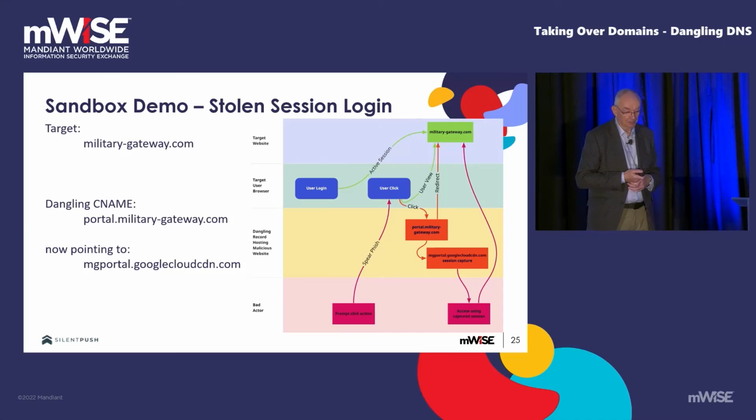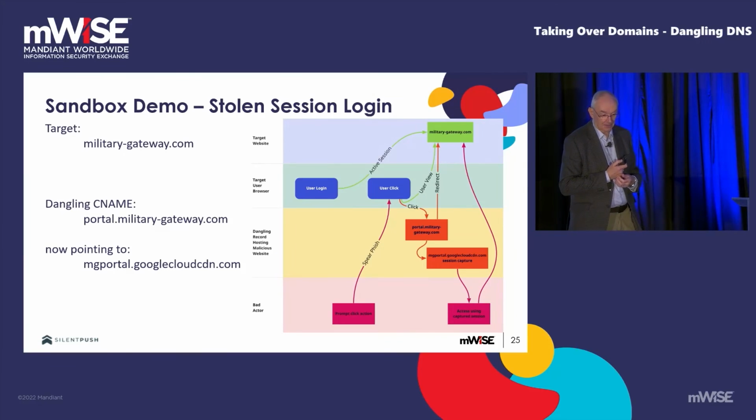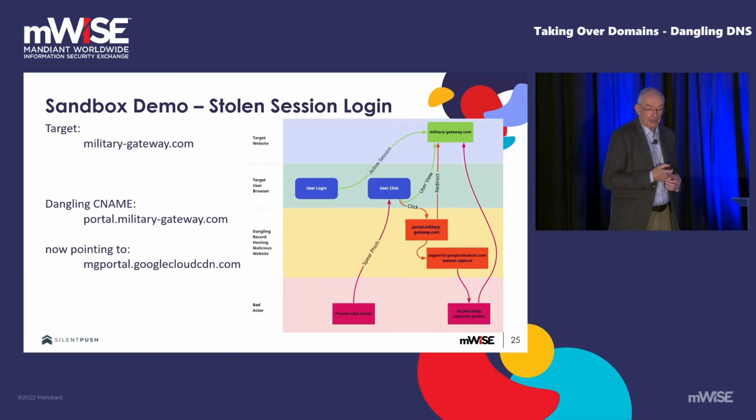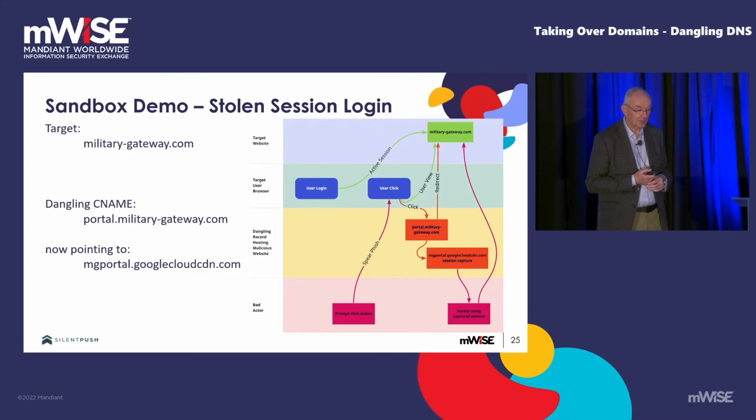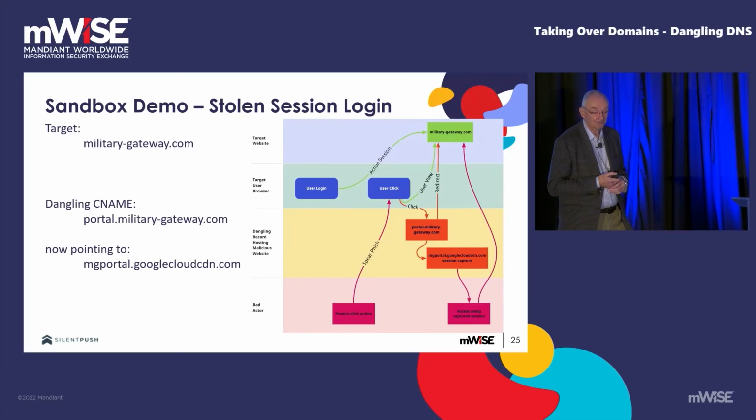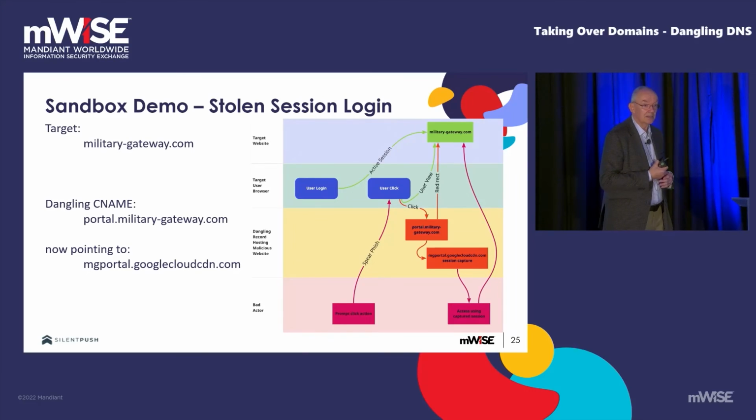So to show you this in a diagram fashion, we have a setup here which we can show you in our Sandbox in a moment. The target domain here is military-gateway.com. So this is the site that we want to break into, and actually being able to steal the session cookies so that we can log into it without knowing what the credentials otherwise were.